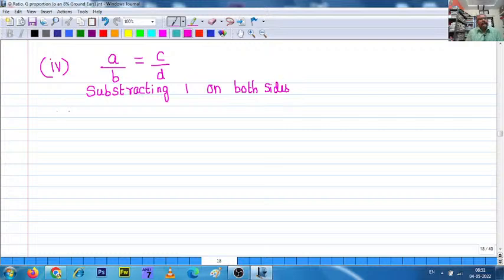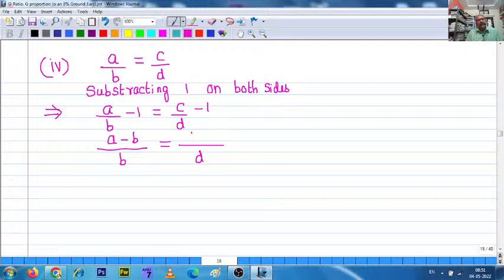So my dear students, then what do we get? A by B minus 1 equals to C by D minus 1. You get a new ratio, and we need to name it now. Here LCM is B, so we get A minus B upon B equals to C minus D upon D. So this is called dividendo.